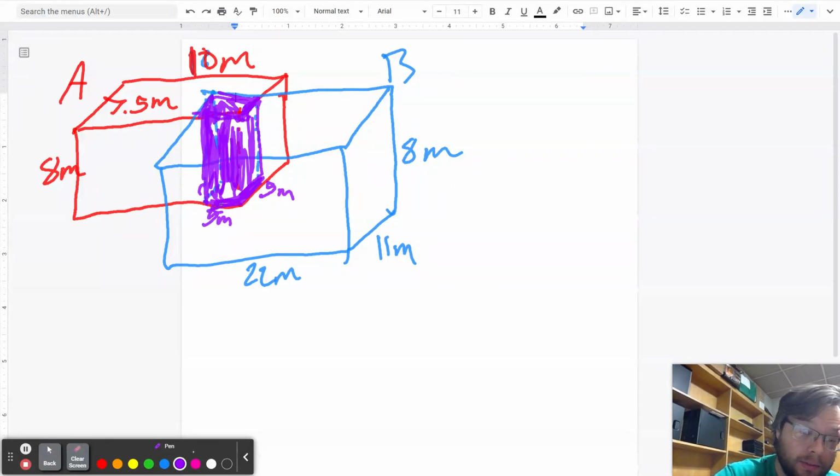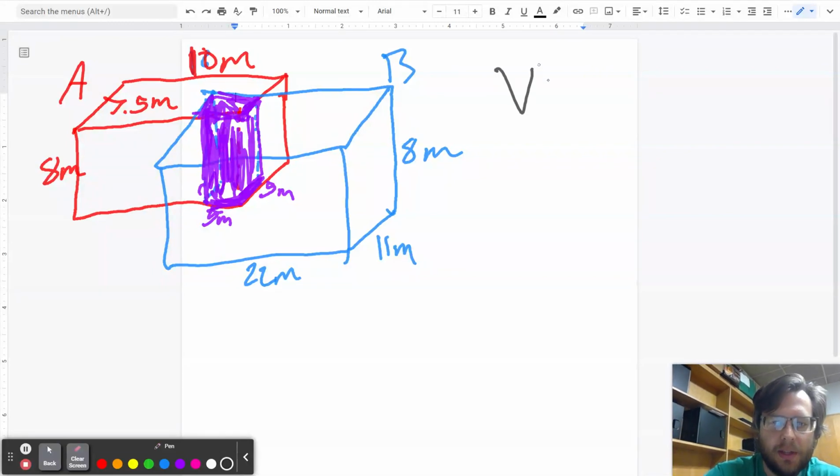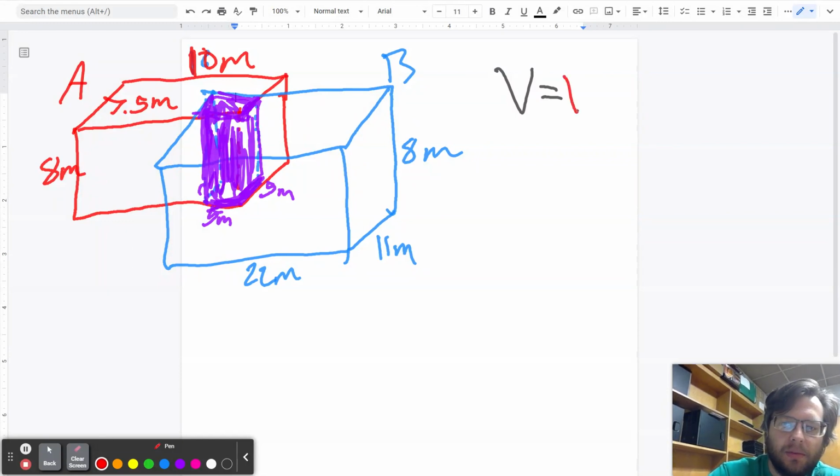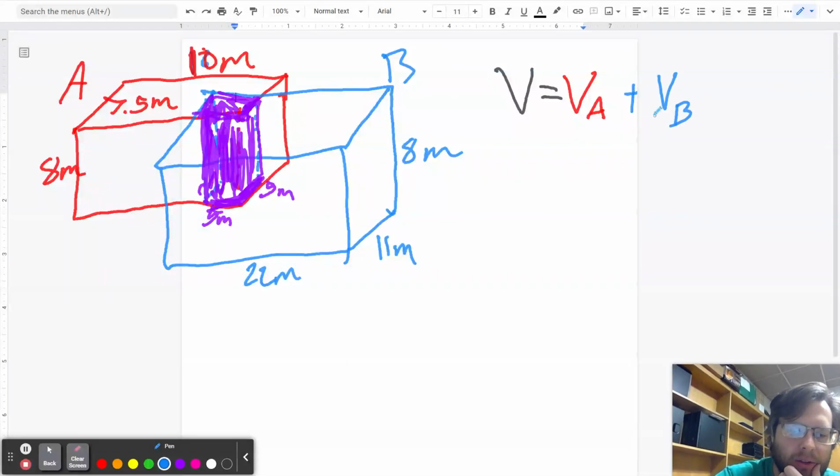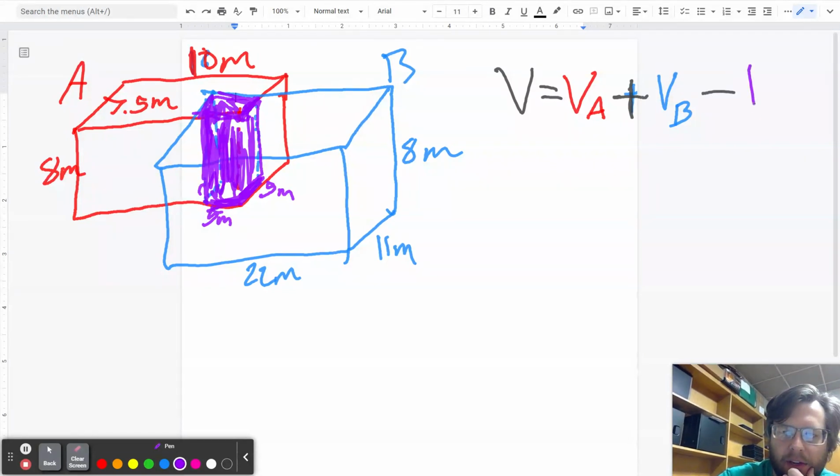So to find the total volume then, the volume is just going to be the volume of A plus the volume of B, and then minus the intersection. So let's call that volume of the intersection.